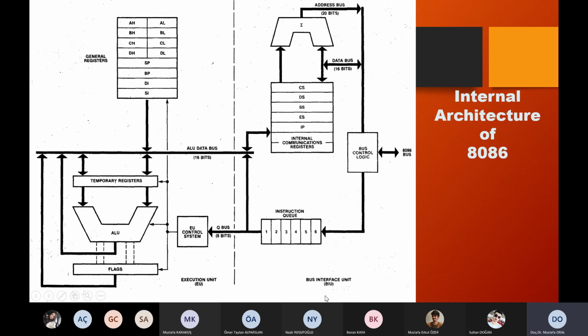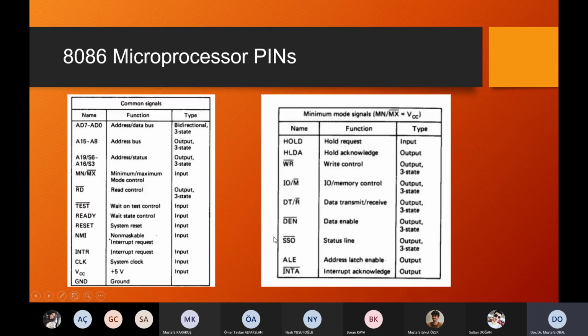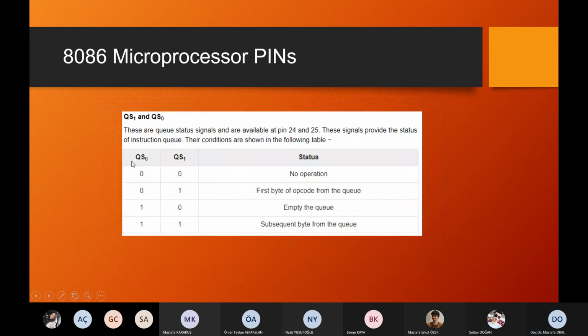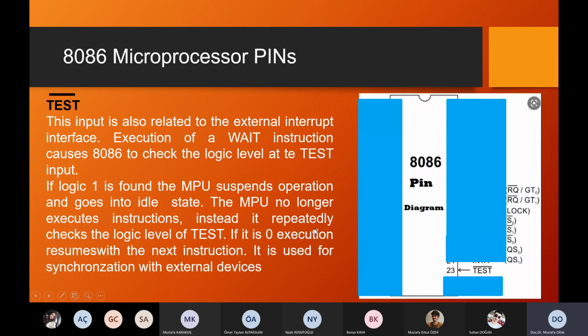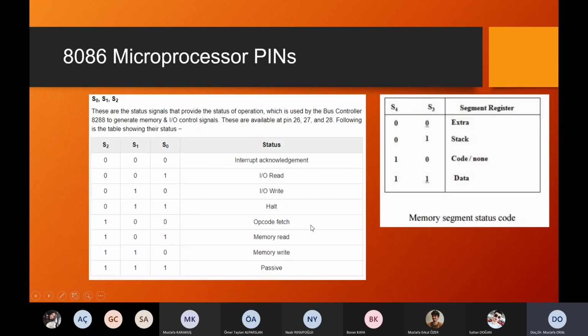And now the QS signals are used to signal the condition of the instruction queue. When I say QS signals, I'm talking about QS0 and QS1. If 0, 0, there is no operation. If 0, 1, first byte of the opcode from the queue, and 1, 0, empty the queue, and 1, 1, subsequent byte from the queue, it says.